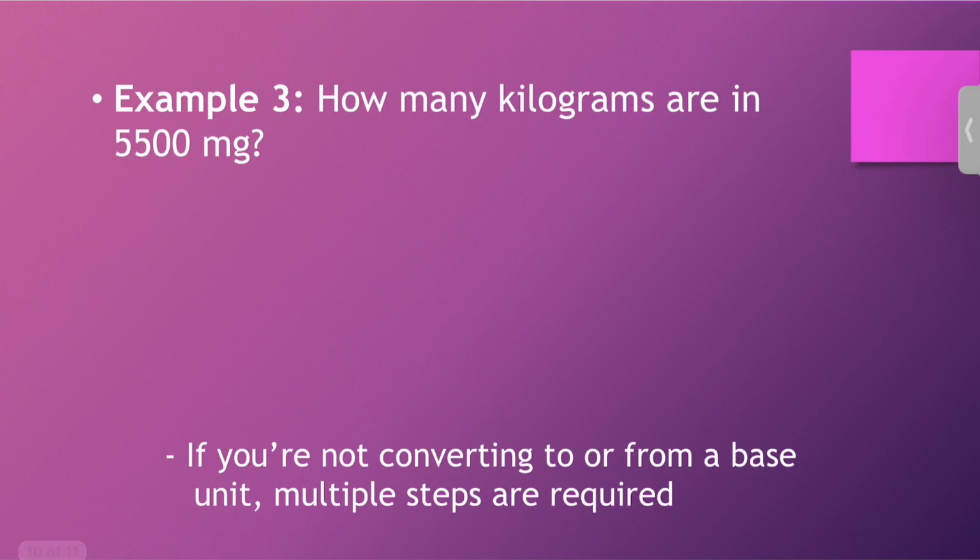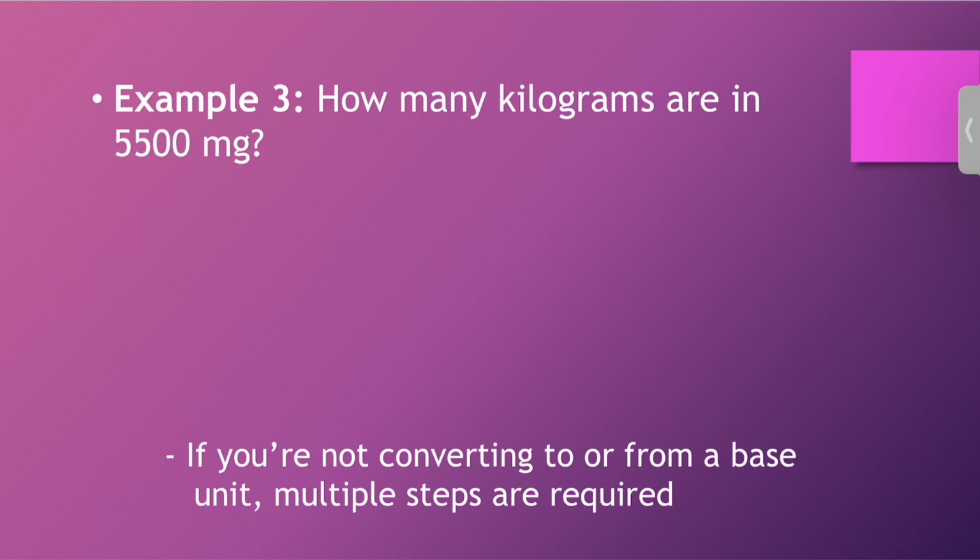Let's look at a more complex situation. So in this case, they're saying how many kilograms are in 550 milligrams. Well, here's the thing to remember with our metric conversion chart. There's no direct conversion factor given to us between kilograms and milligrams.